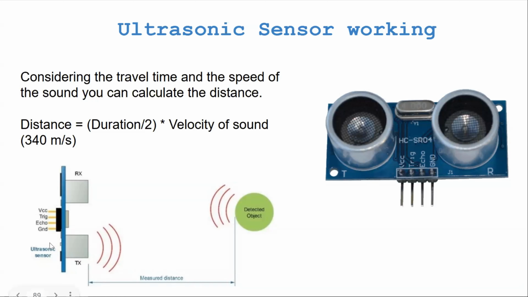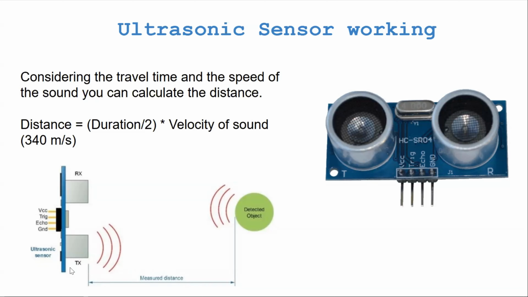You will have four pins for this. One is VCC, another is trigger, echo, and ground. VCC is the supply voltage, and trigger and echo are both very important when working with the ultrasonic sensor.